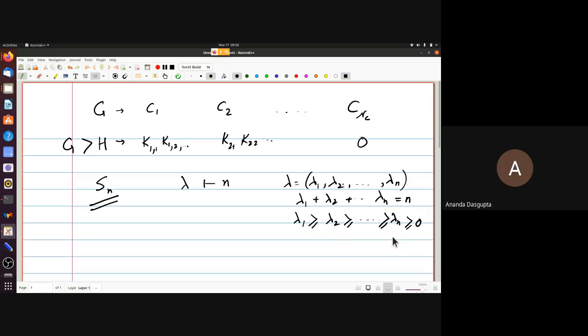So all of them are non-negative and ordered in a particular way. Now, of course, this ordering is simply to ensure that you don't overcount. You don't count 4 plus 1 and 1 plus 4 both as partitions. You just count one of them.